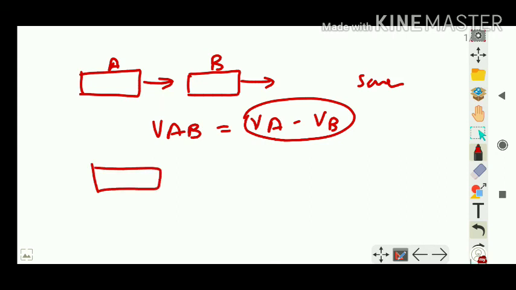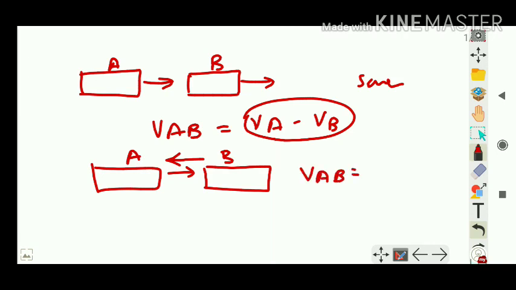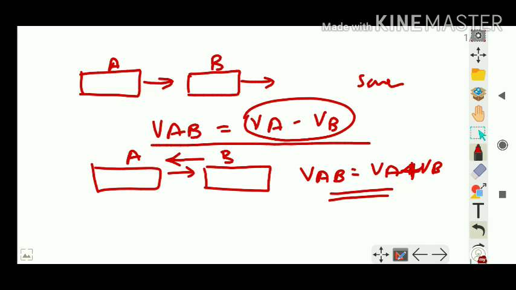If there are two objects A and B and they are moving in opposite directions like this, then the relative velocity between them is the sum of them, VA plus VB. The net direction cannot be known by this simple rule, but I am just giving you the proper magnitude. If both objects are moving in the same direction, the net velocity is the difference of them.